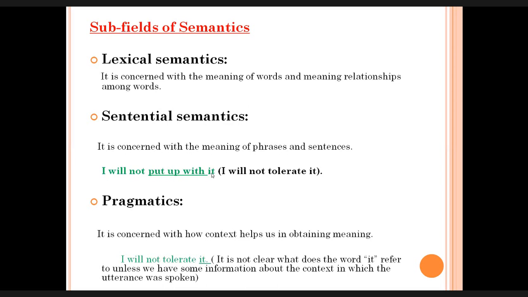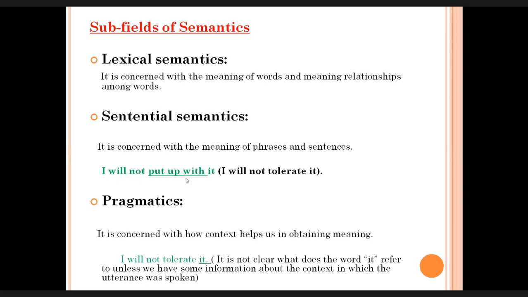এখন কেউ যদি মনে করে যে put up with এর মানে হচ্ছে এই তিনটা শব্দের সমষ্টি, put, up আর with, তাহলে আমি put এর মানে দেখি, up এর মানে দেখি, with এর মানে দেখি, তো তিনটার মানে দেখলেও তো আমি put up with এর মানে পেয়ে যাব। No, that is a wrong idea. Here, the three words individually, separately, don't have any meaning.